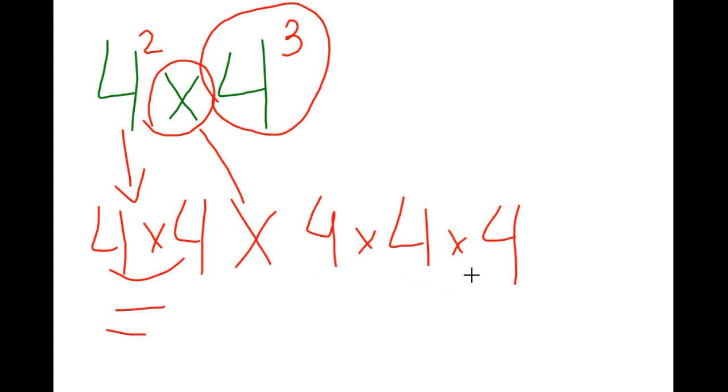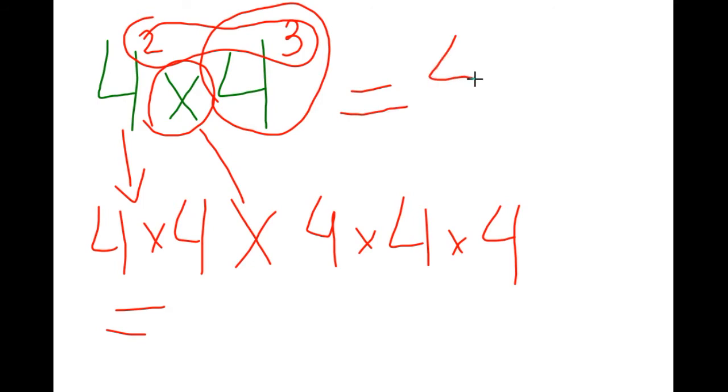Without doing all that, when you have the option of giving the answer in the form of indices or powers, what you are going to do is simply add the powers up. Like 4 to the power of 2 times 4 to the power of 3 will give you 4 to the power of 5, because 2 and 3 summing up makes 5.